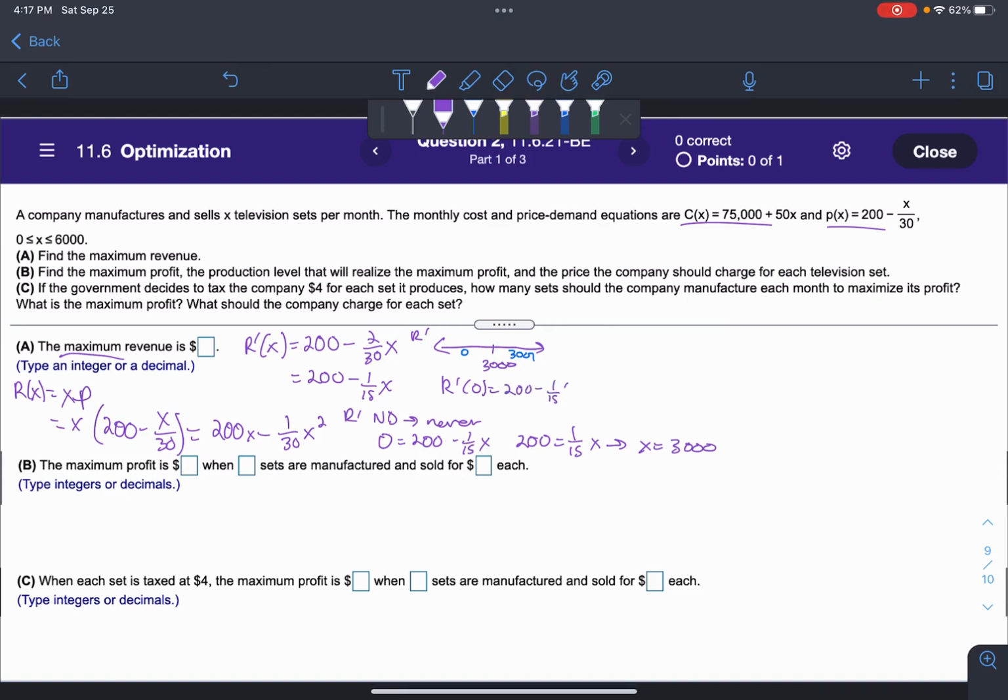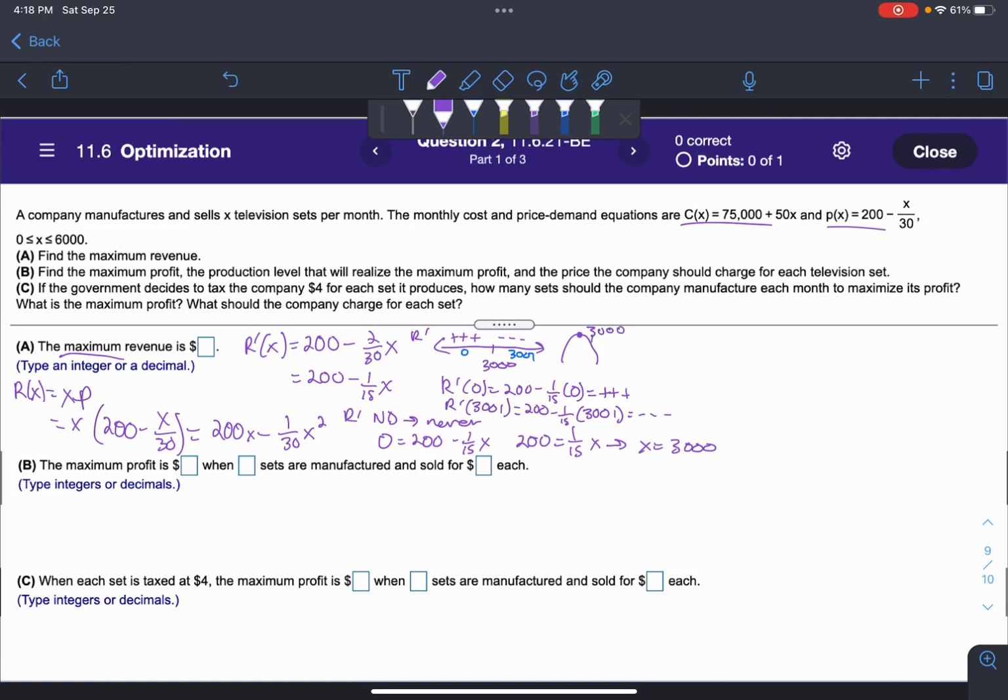That's going to be a positive. R prime of 3,001, 200 minus 1/15 times 3,001, will give me a negative. So we have the function increasing before 3,000, decreasing after, so 3,000 is in fact a maxima.